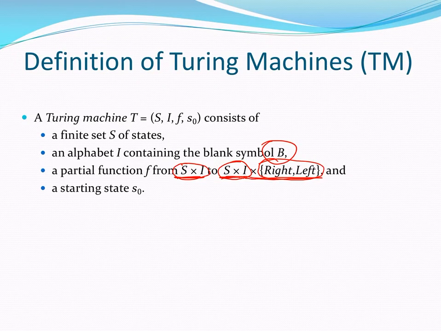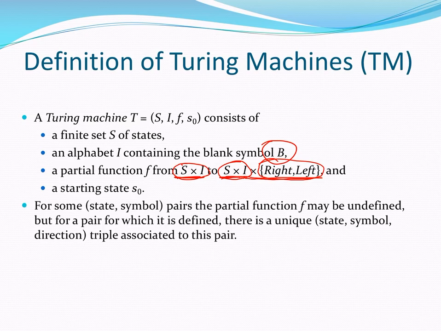It also identifies a starting state. Typically, it's S sub 0. And the partial function is the heart of the Turing machine. It's the function that does this mapping from S cross I to S cross I cross direction. So we read a symbol while we're in a certain state, and if our function is defined, it may be undefined, then there's a unique state and symbol and direction associated with that pair.